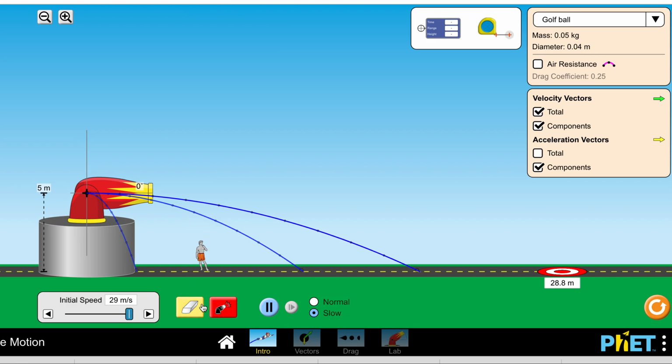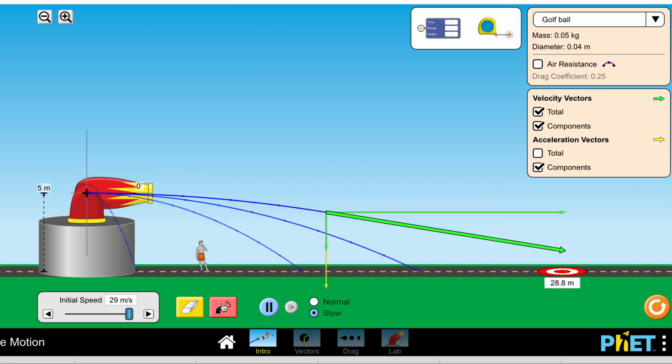Dial it up even faster, and you'll notice that it goes farther away because it's moving faster, but the actual time it takes for this projectile to leave the cannon and go to the ground is the same, because only the vertical component is affected. And it's independent of the horizontal component. How fast it's going to the right has nothing to do with how quickly it falls. All right, so there's that one.